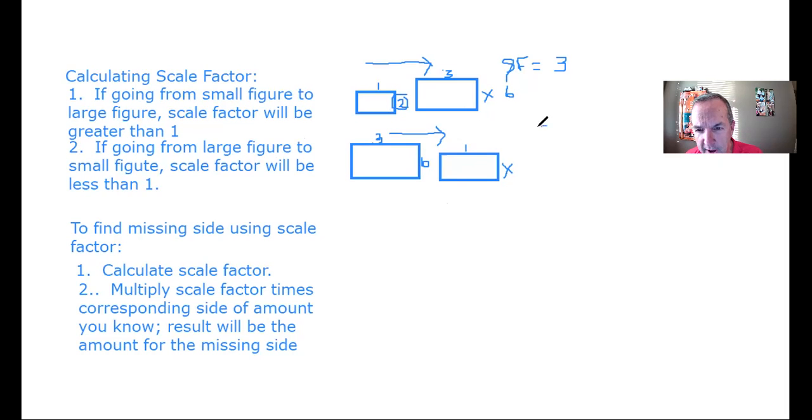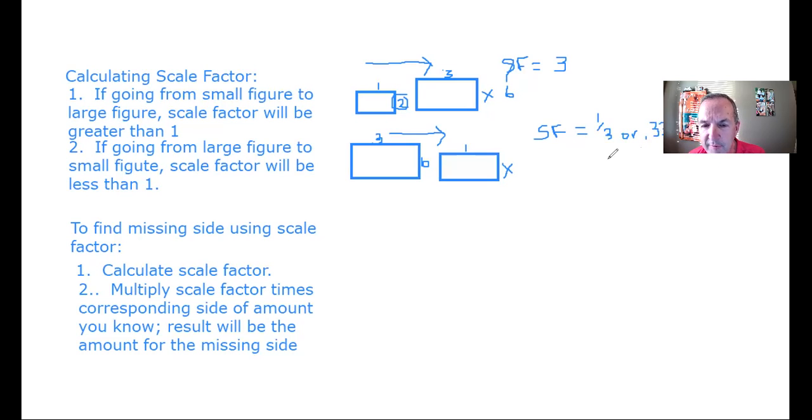So our scale factor, if we are going from a large figure to a small figure, you could write it as either the fraction 1/3, or if you're using a calculator, that's going to show up as 0.33. And of course, that 3 is repeating, so it would continue forever.